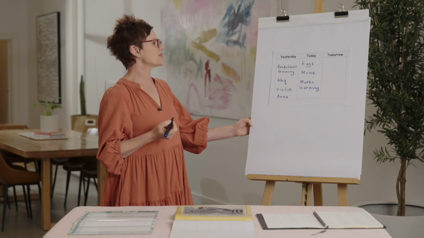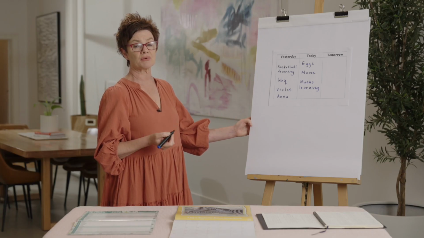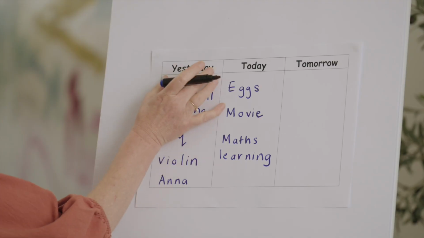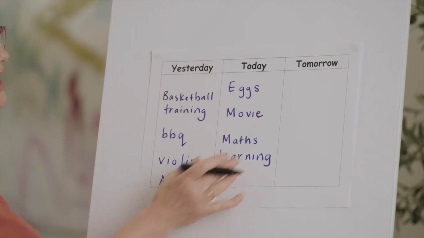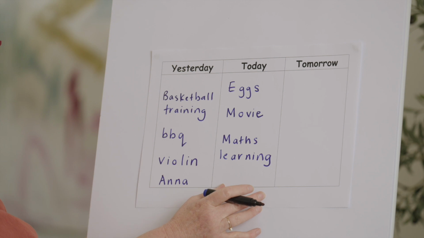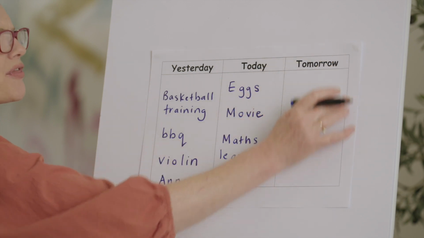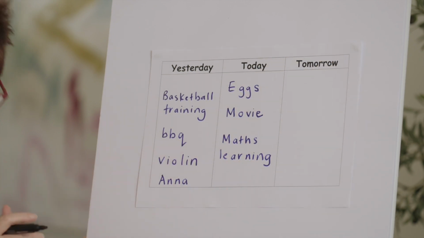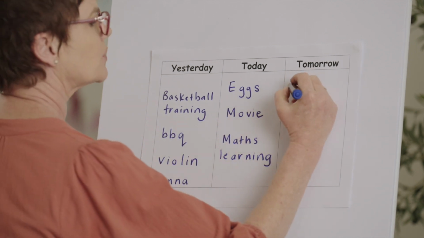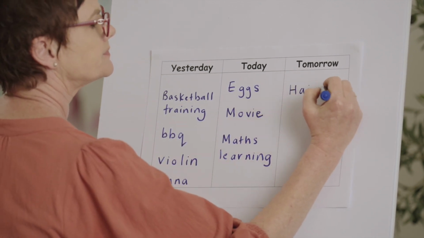Okay, so I've got some things that I'm writing down in my 3-day calendar. Remember, I'm remembering what I did yesterday, I'm recording what I did today, and I'm thinking about what I might do tomorrow. And tomorrow I am going to get a haircut.